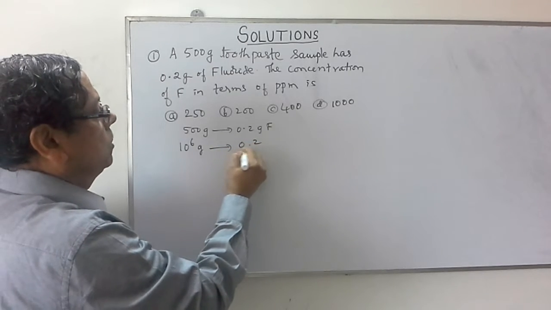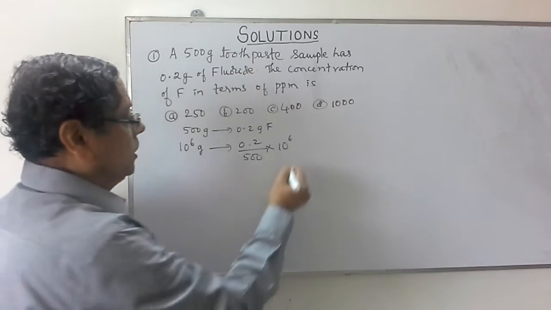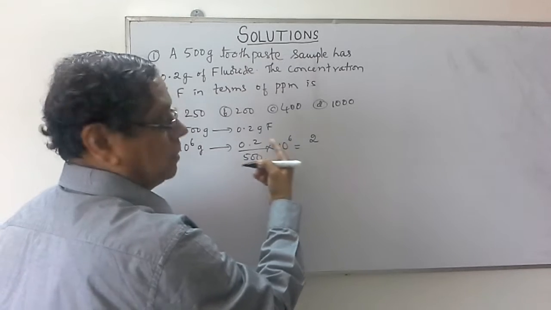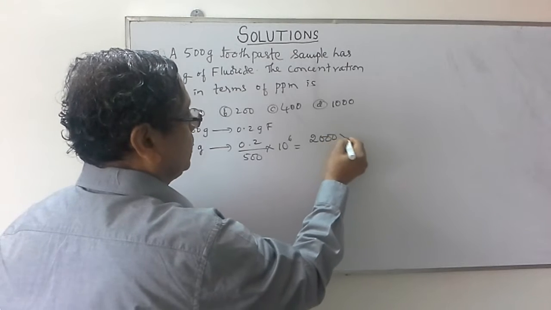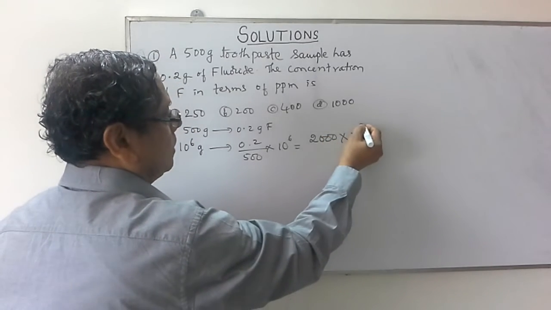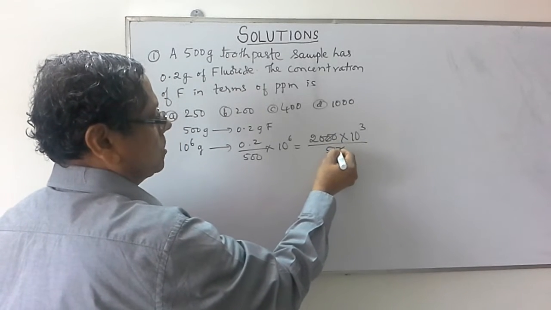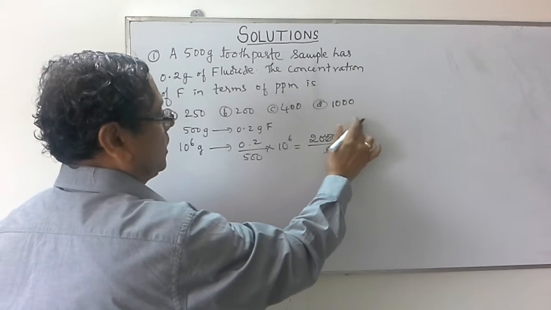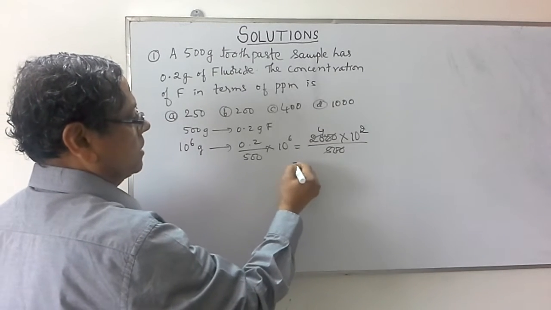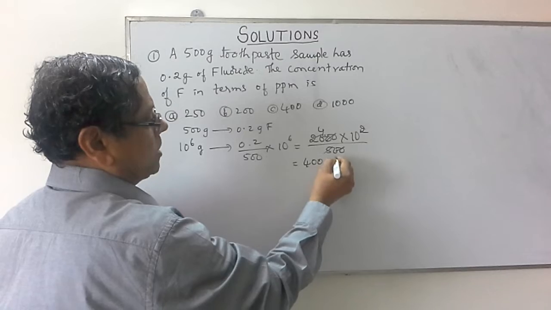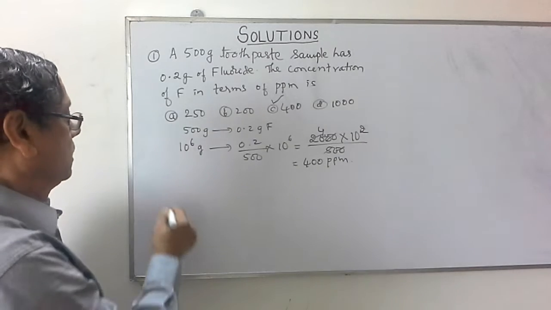It is 0.2 divided by 500 into 10 to the power 6, which is 2000 into 10 to the power 3 divided by 500. Cancelling 2 zeros, it is 4 into 10 to the power 2. Therefore it is 400 parts per million. So the correct option is C.